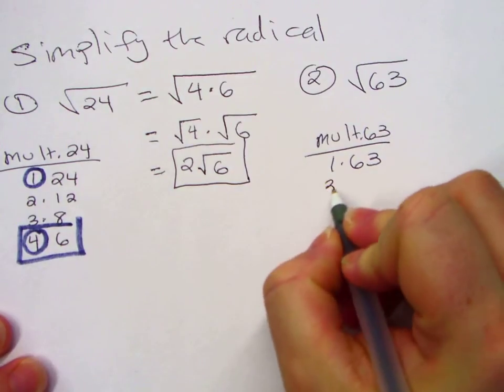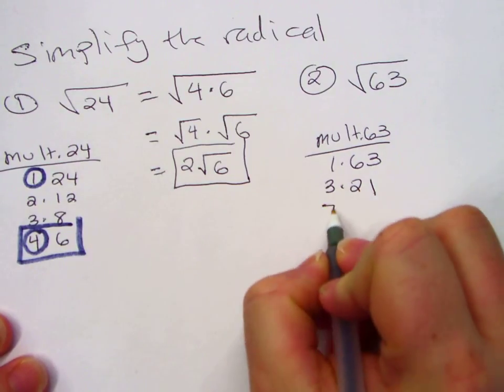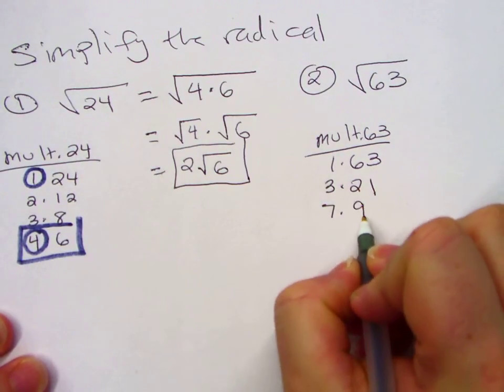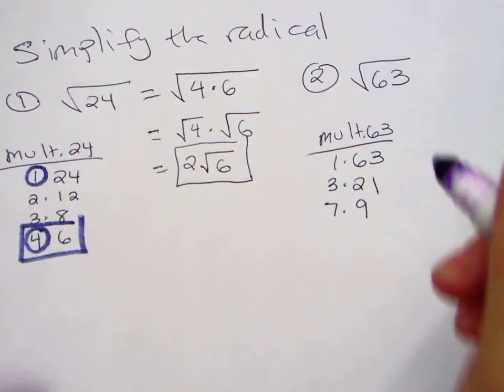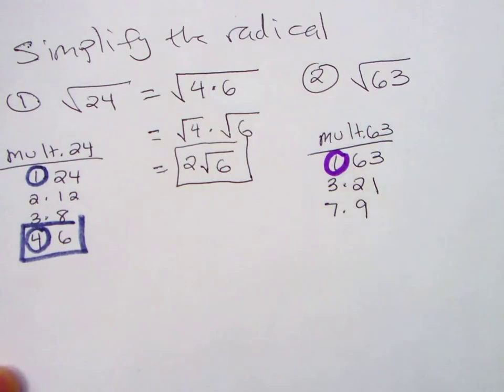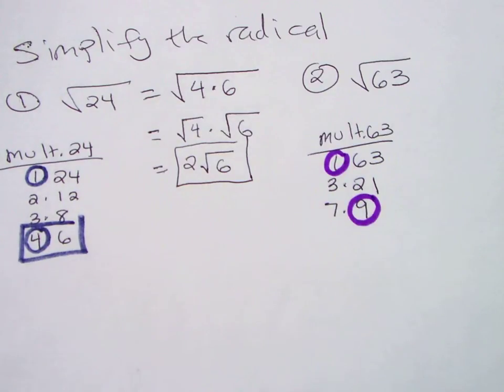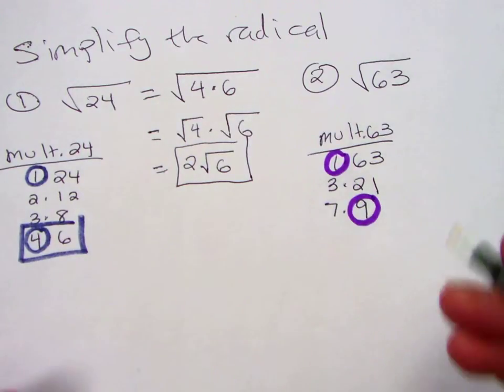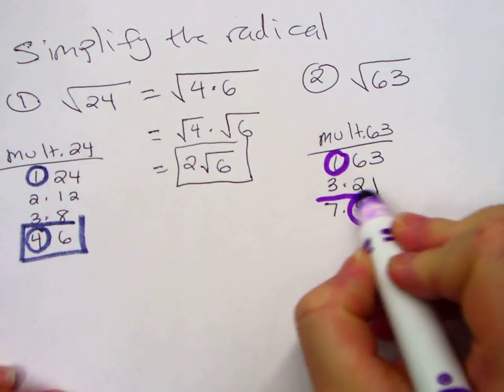Yeah. 3 times 21. 4, 5, 6, 7 times 9. 8, 9. That's it. All right, so circle our perfect squares. We have 1 and 9. Take your time with this. You don't want to lose them. All right, so 9 is the bigger one. So that's the one we're going to use.